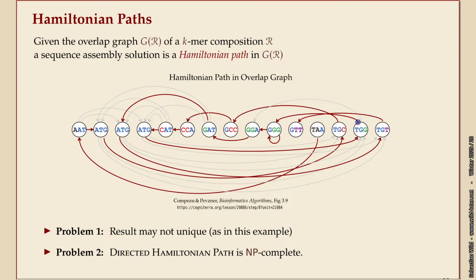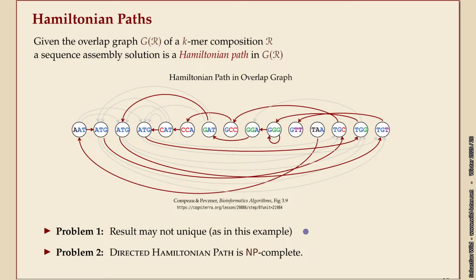So even in our perfect world, where we assume that our input is a clean k-mer composition of a single text, it can happen that the graph allows several Hamiltonian paths, and the problem is not uniquely solvable. We'll have to live with that. There's essentially some limitation of the kind of data we have. Again, this is not so much a concern for practical inputs. The reads tend to be so long that this rarely happens.